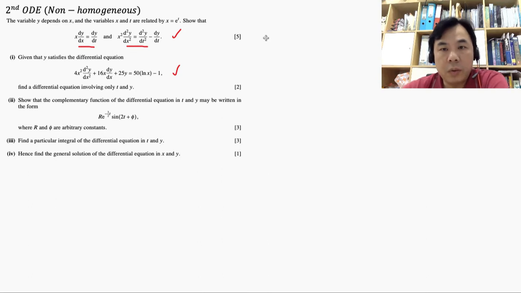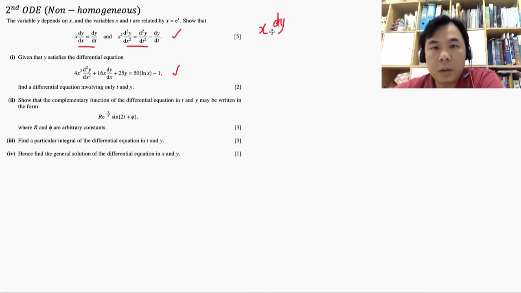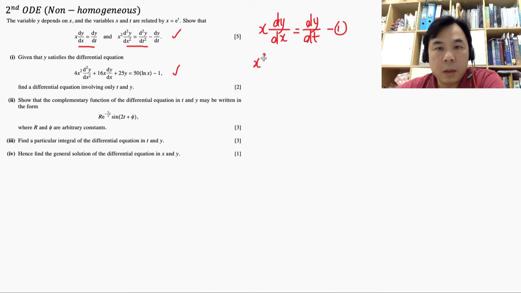Now how we can do that is quite direct. I'm going to rewrite this one more time, knowing that we have x dy/dx is equal to dy/dt. This is number 1. And then we also have proven this.